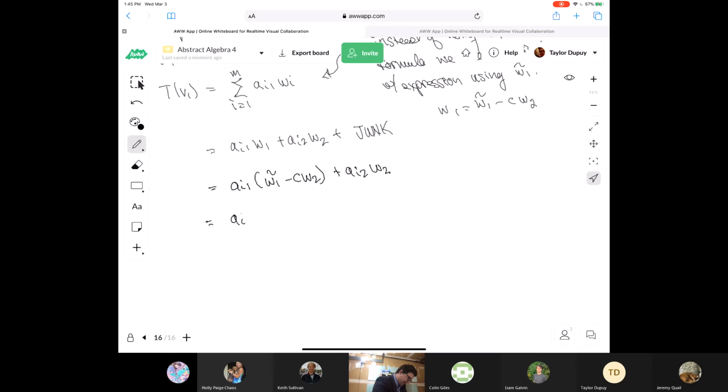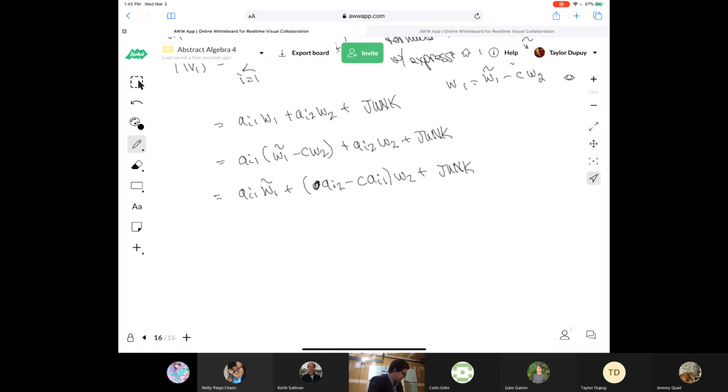And now this is AI1 W1 tilde plus (AI2 minus C AI1) W2 plus the other terms that were not going to be touched. This junk part is the indices higher than 2, all the stuff left over from the sum from 3 onward.